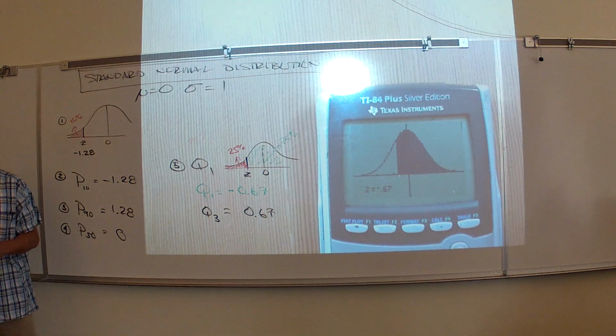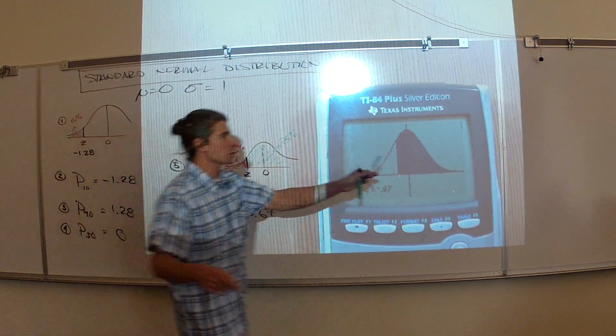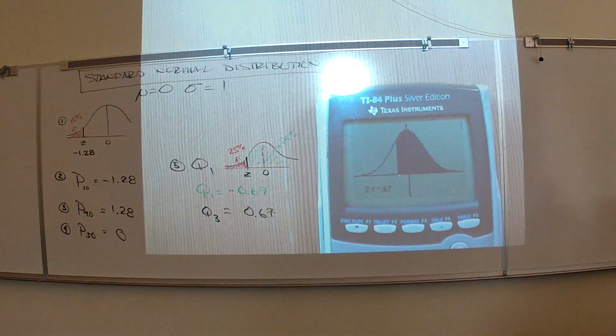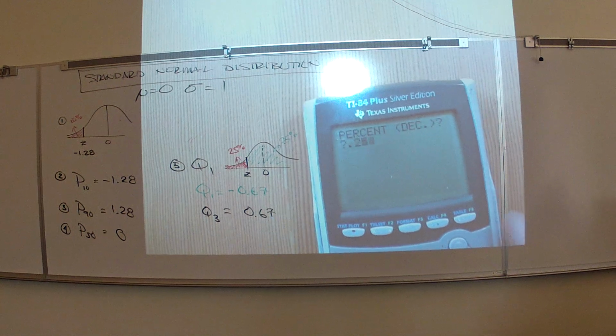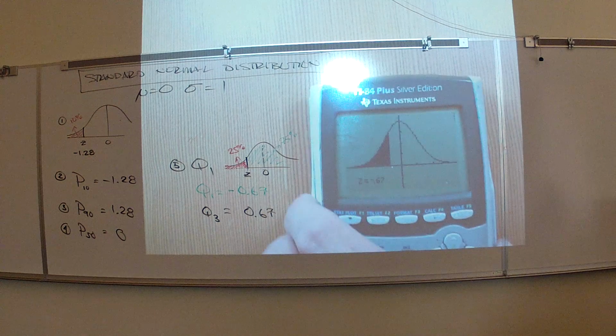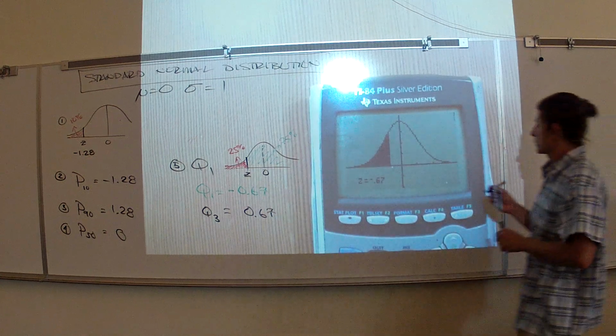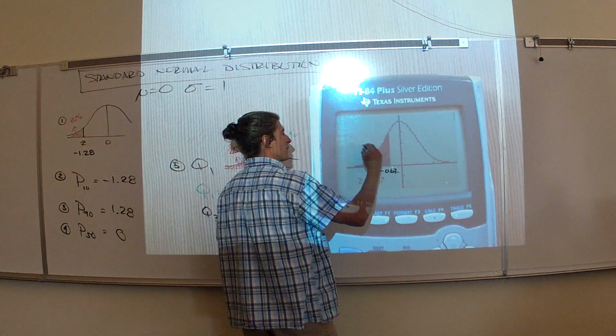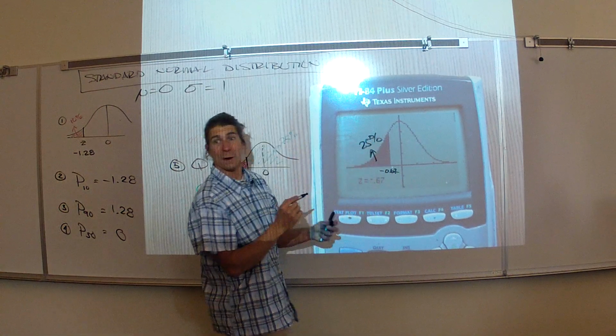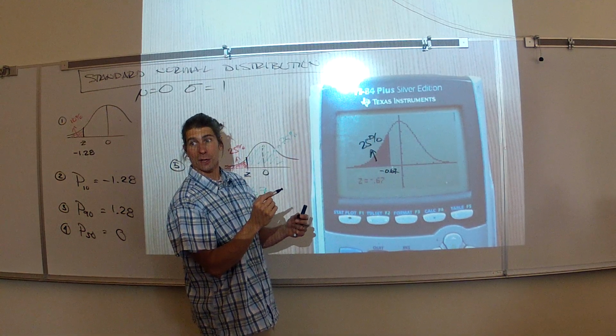I'm going to switch back to my other shaded curve to get a better image. So it shades to the left, 0.25. Okay, so I know negative 0.67, and this is 25%. That's 25%. Fair enough?